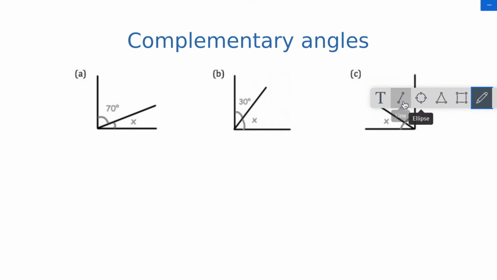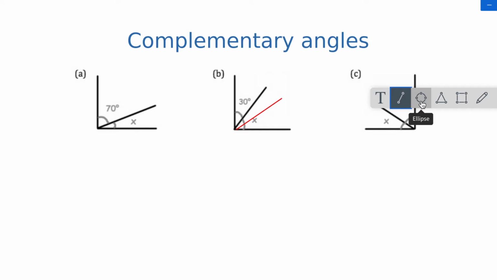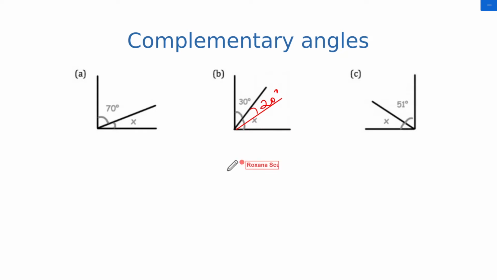I want to make sure you know what to do if you have questions where you have more than one angle given. Because you could have 3 angles that add up to 90 degrees or even 4. Let's say this angle here is 20 degrees, this one is 30 and this one is x, and we need to find out x.